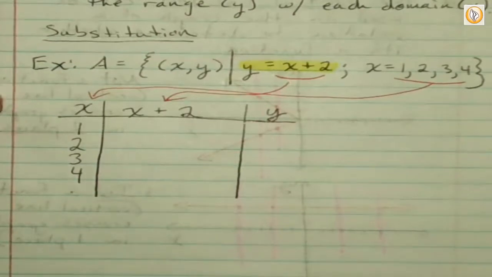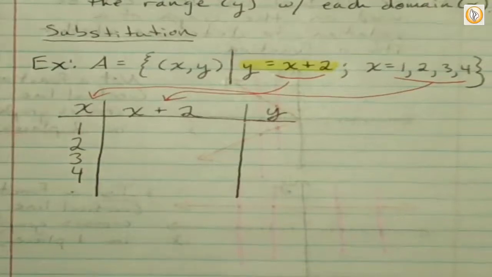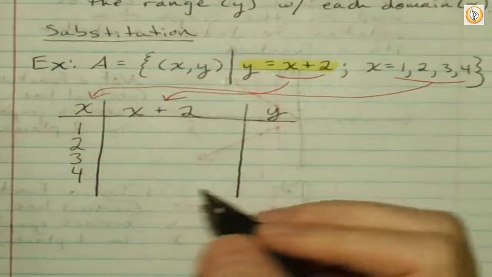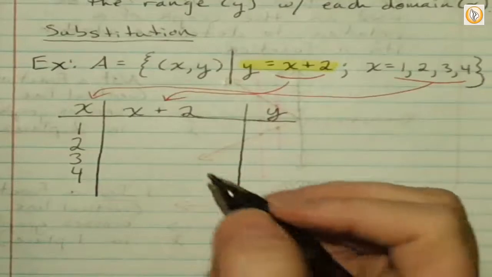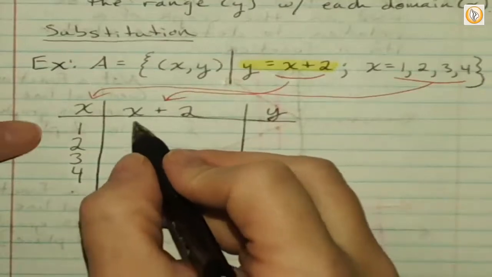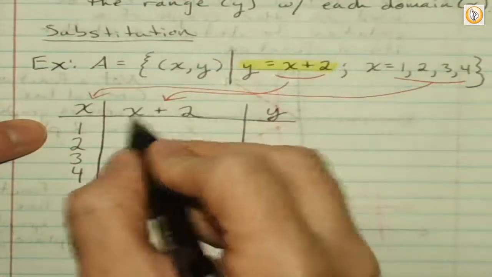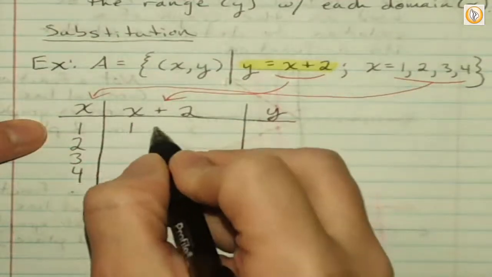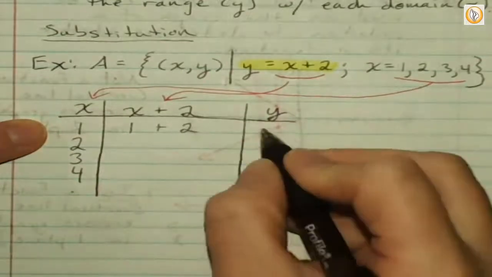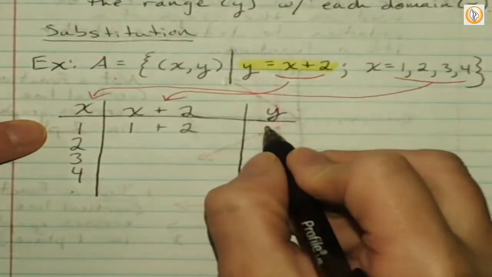Larry, do you have all this? Once you have it, just start substituting your X's right here for this equation. So it'd be 1 plus 2. And Valeria, what do you get? 3.